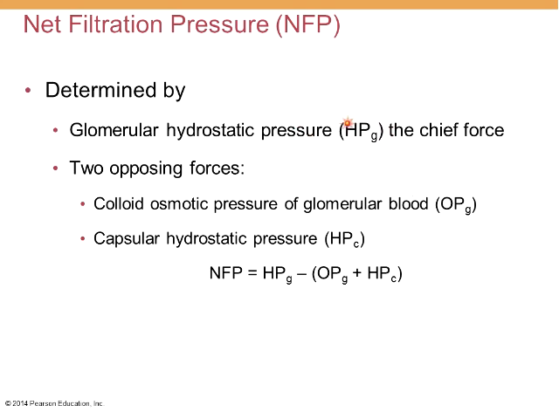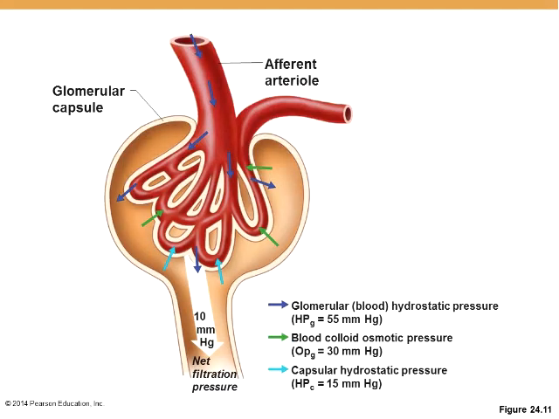So the hydrostatic pressure of the afferent arteriole forces the fluid out, but it has 2 resistant pieces. That's the colloidal osmotic pressure of the blood that may be trying to pull it back, but it's a minor player. And then the pressure inside the capsule itself, which is also a minor player. So net filtration is this power minus these 2 powers to create this net result, which is about 10 millimeters of mercury in pressure.